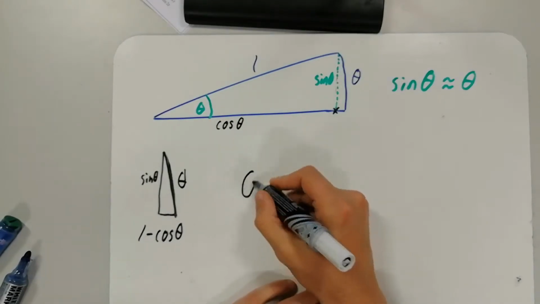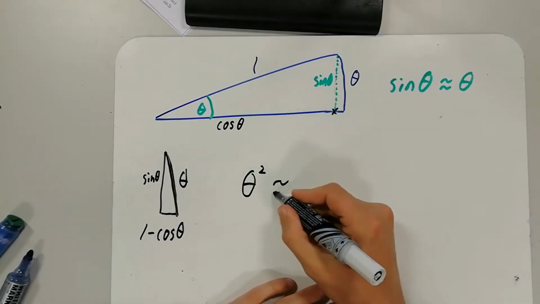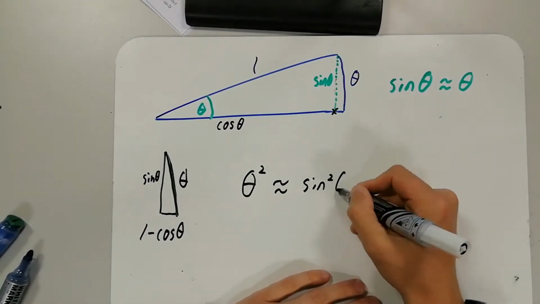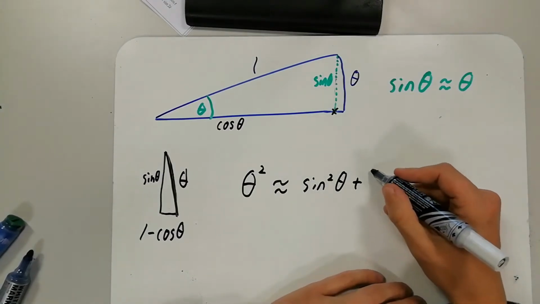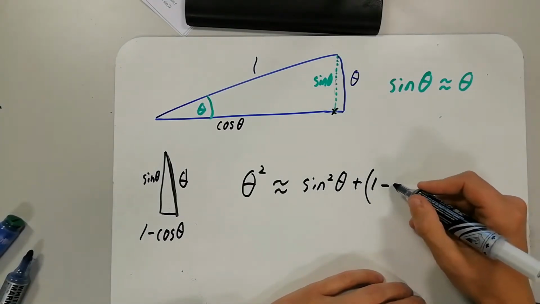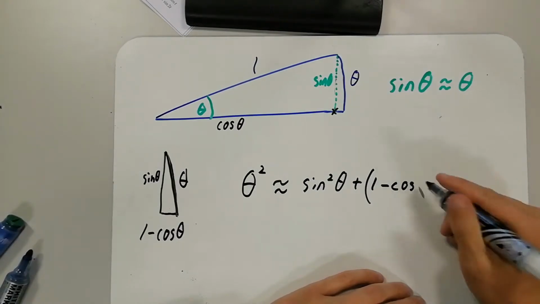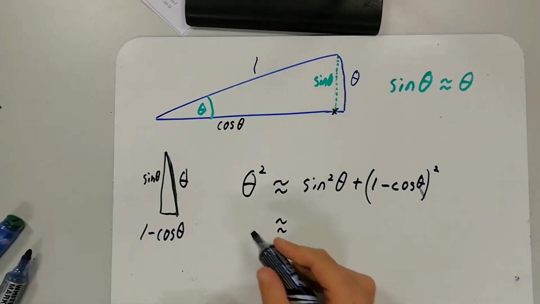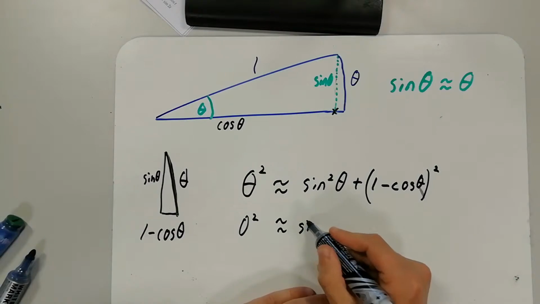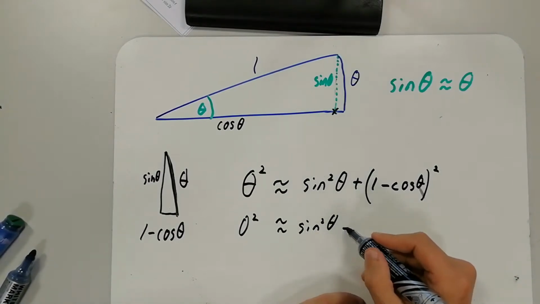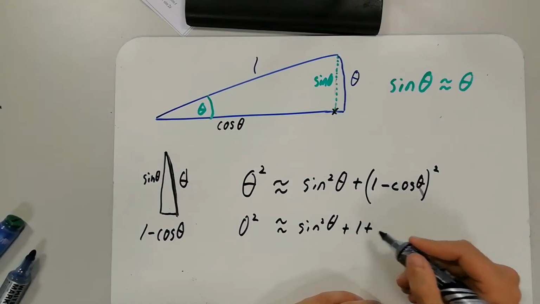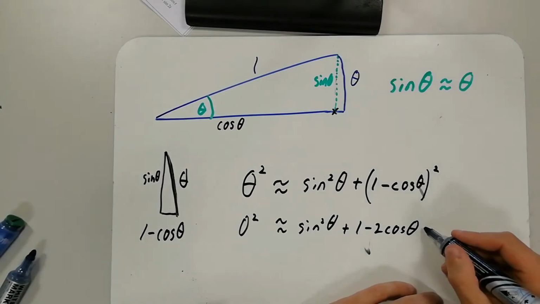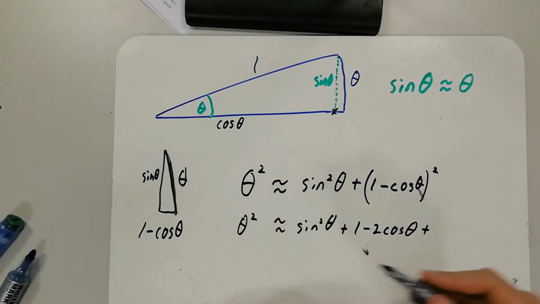So we can use Pythagoras' theorem and say that theta squared is approximately the same as sine squared theta plus 1 minus cos theta all squared, which tells us that theta squared is approximately the same as sine squared theta plus 1 minus 2 cos theta plus 1.